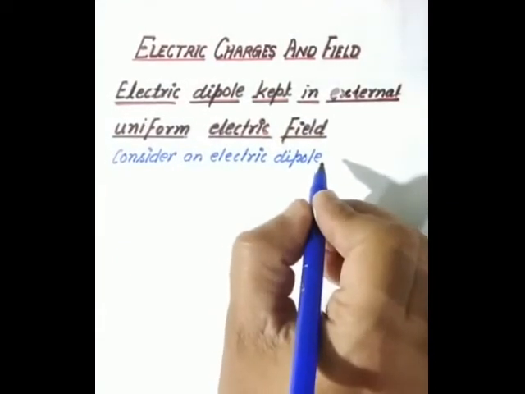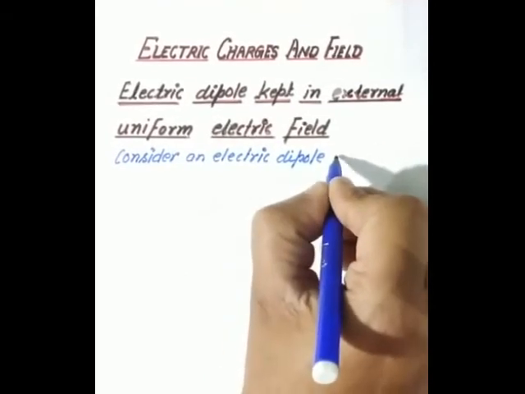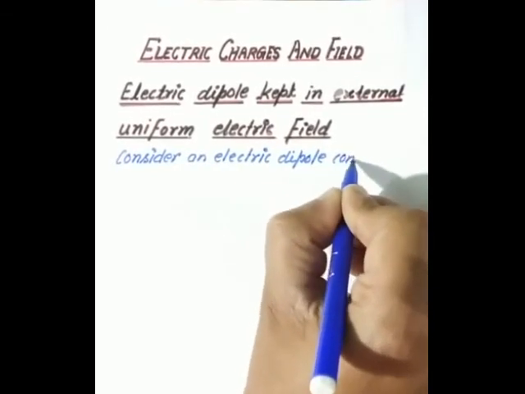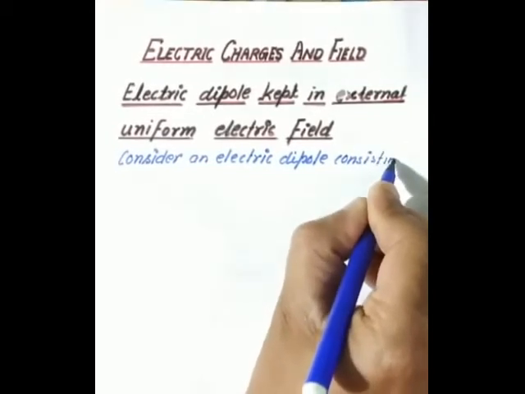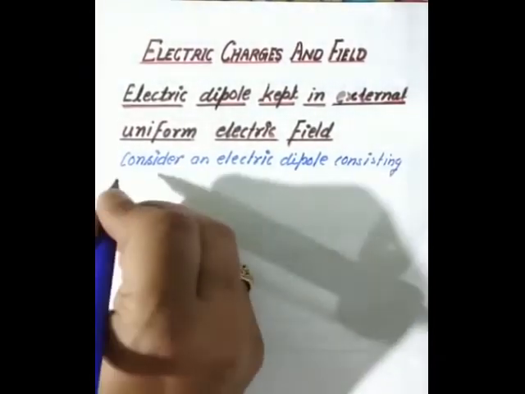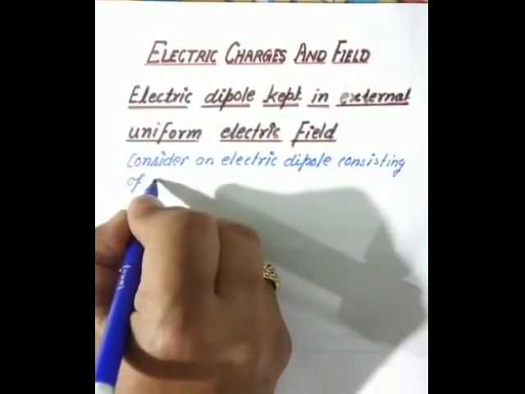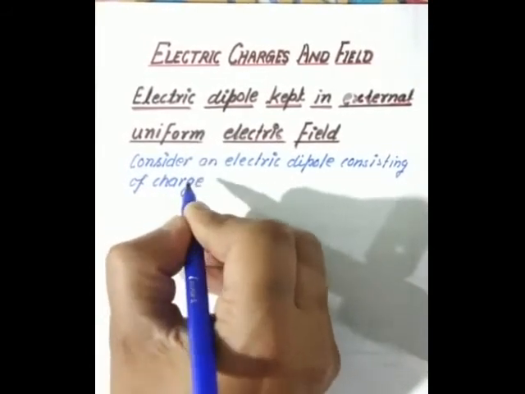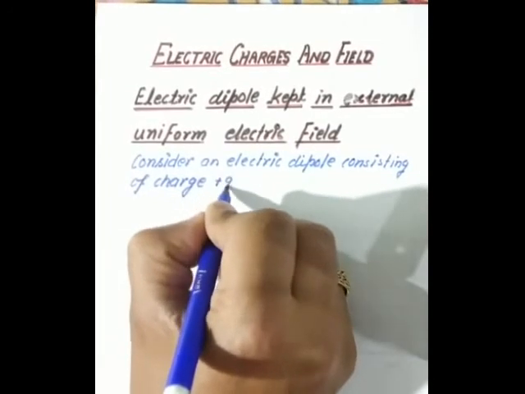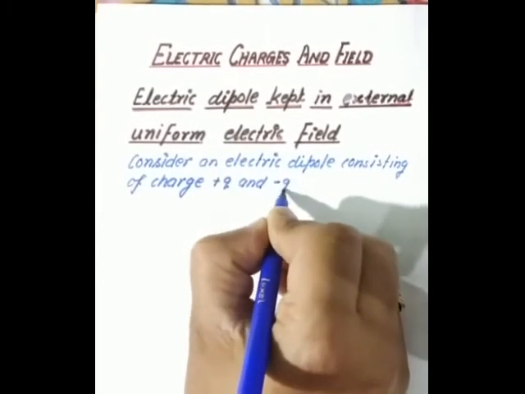If it is a dipole, then it has two charges, positive and negative charges, consisting of charges positive Q and negative Q.